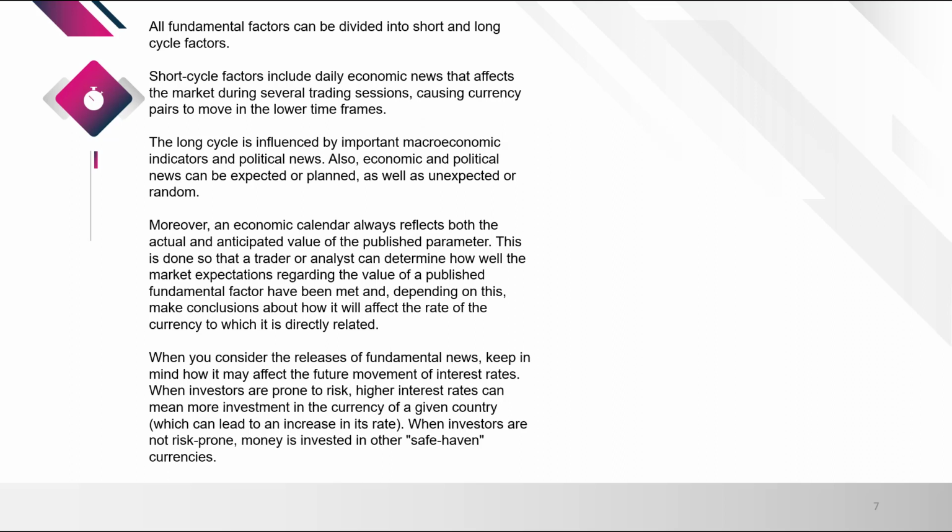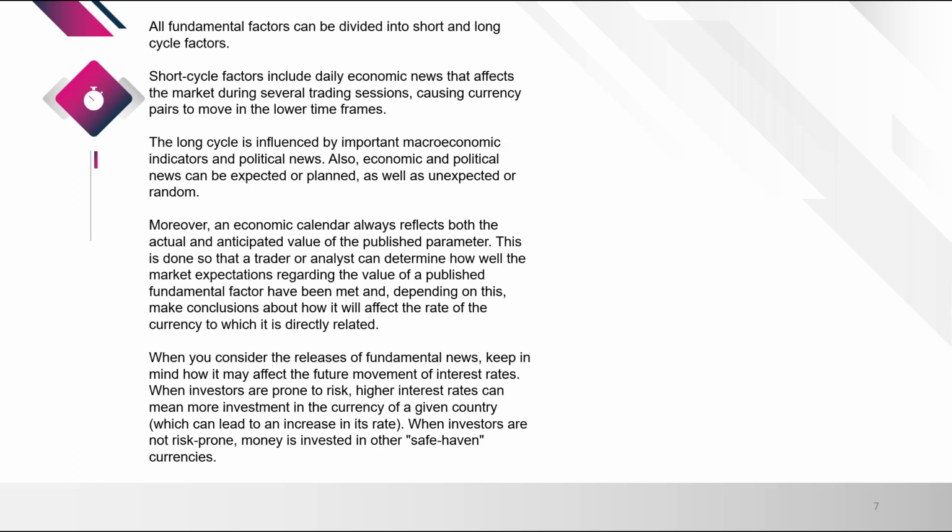Also, economic and political news can be expected or planned, as well as unexpected or random. Moreover, an economic calendar always reflects both the actual and anticipated value of the published parameter.